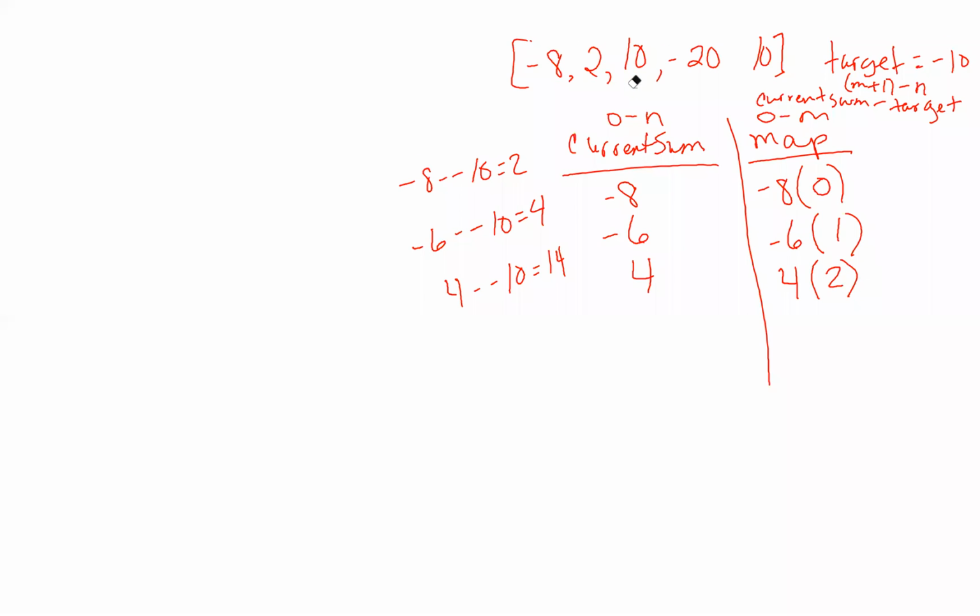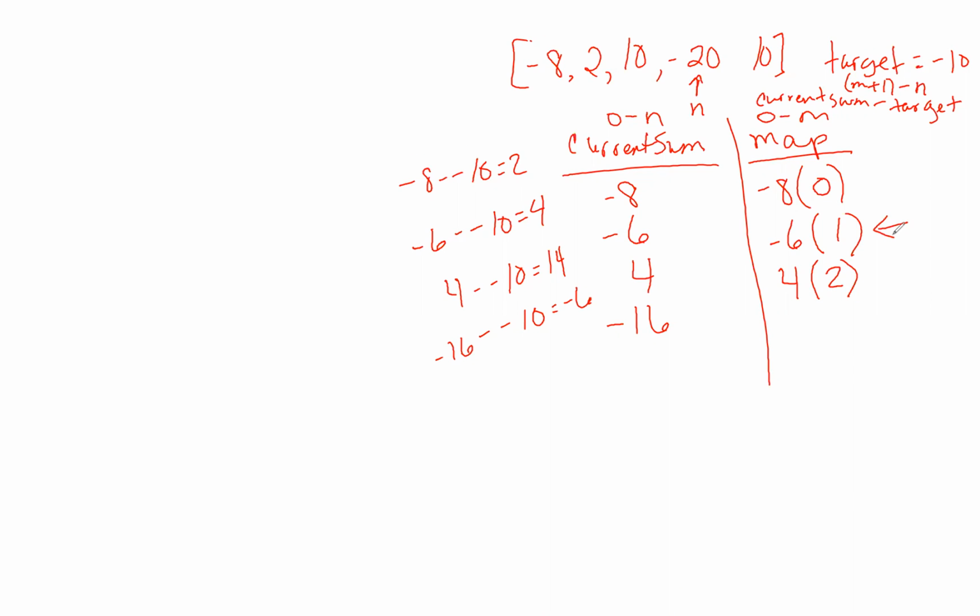Then we increase n, and n is at -20. -20 plus 4 is -16. It is not equal to the target, so it's time to go to the map. We take -16, we subtract -10, and that equals -6. So we look at our map to see if it exists. Yes, -6 is in our map.